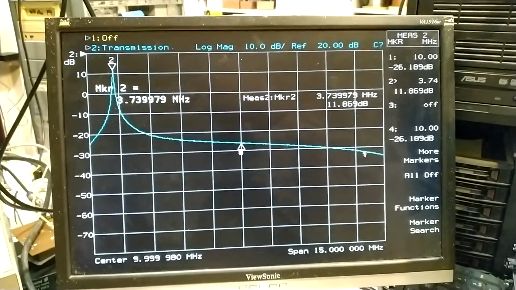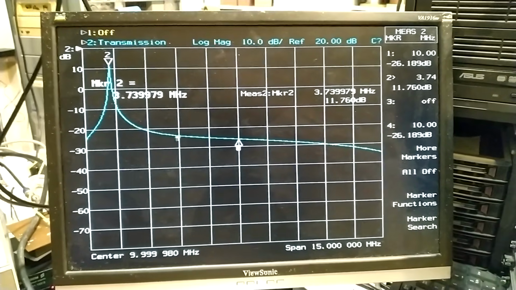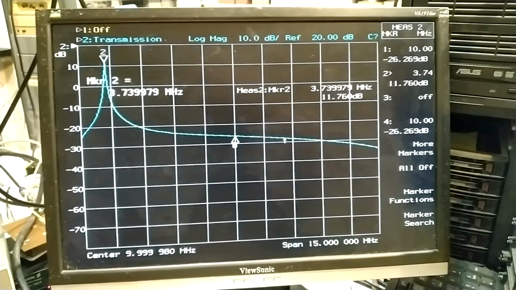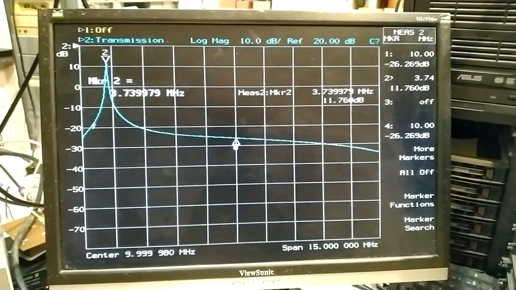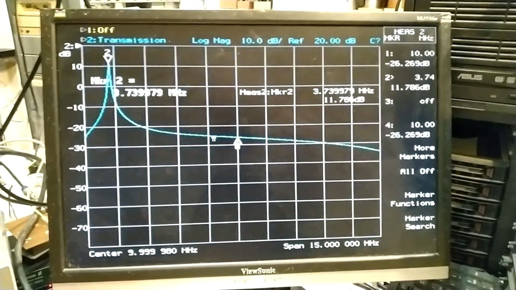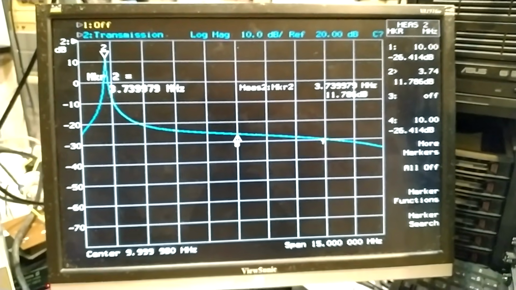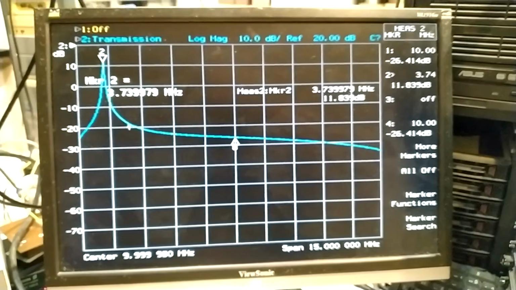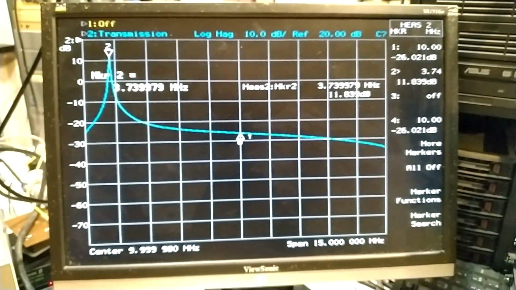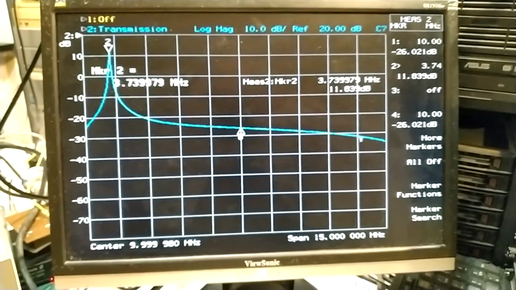I found this is the 100 pF on the crystal plus stray capacitances in resonance with the inductance of the transformer, the small winding, which is only 3 turns. So I have to kill this resonance.